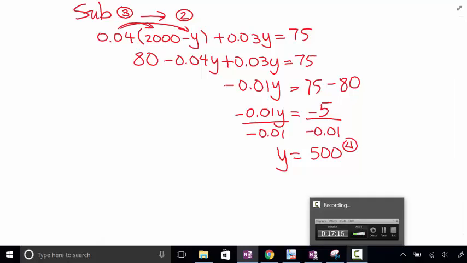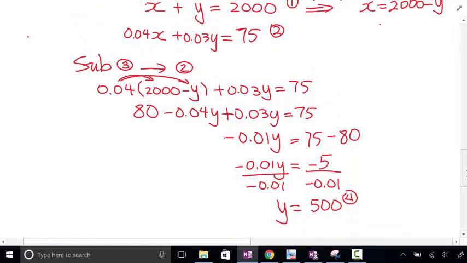Am I done? No. I found the value of y. I need to find the value of x. Now, I know what y is equal to. Y is 500.